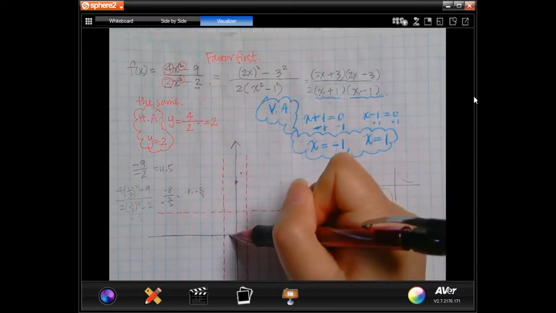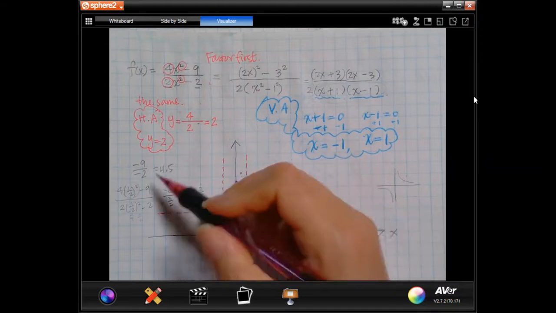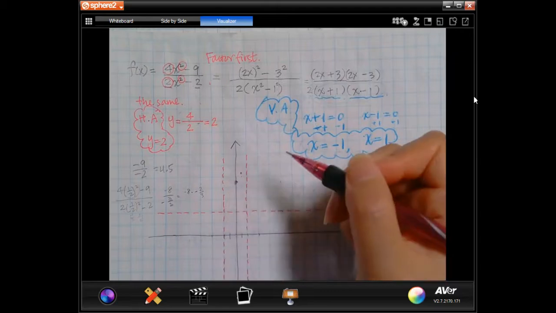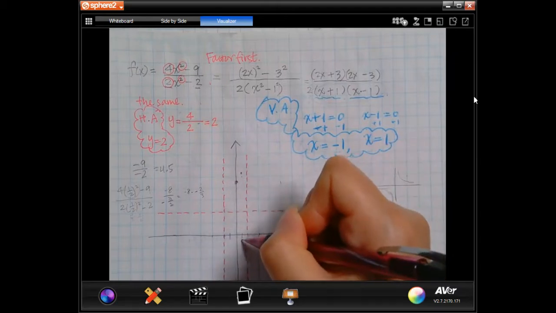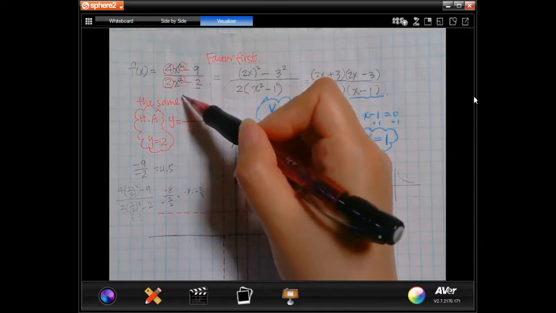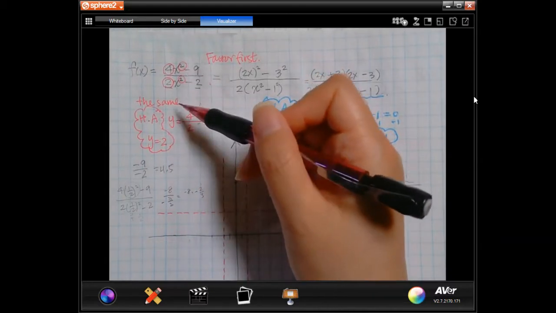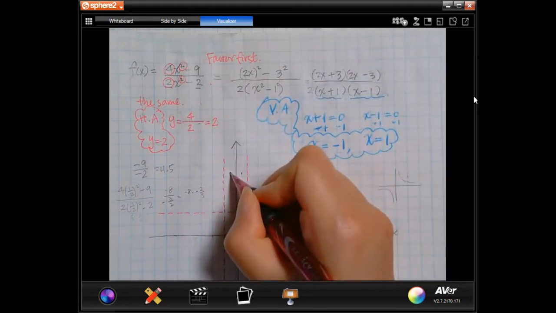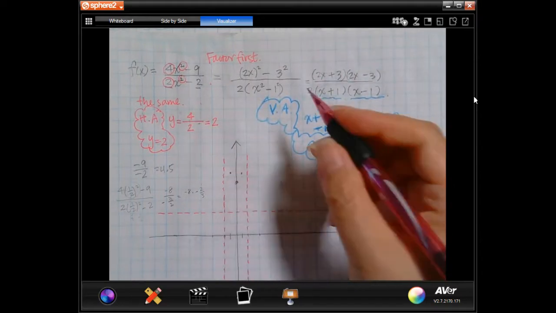Then if I pick -1/2 to plug it in, it's still gonna give you the same y coordinate. Why? Because I do have the squaring, so even if I plug in -1/2, it's gonna give you the same result. So now I know for sure there's another one here.